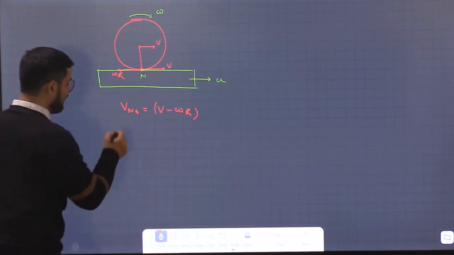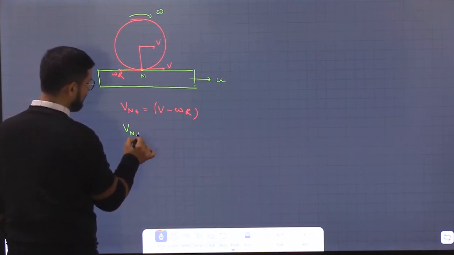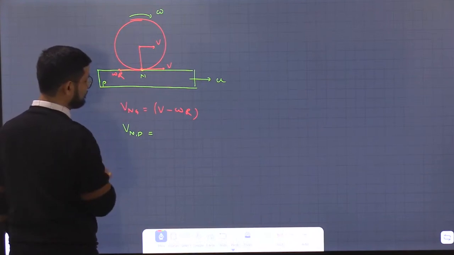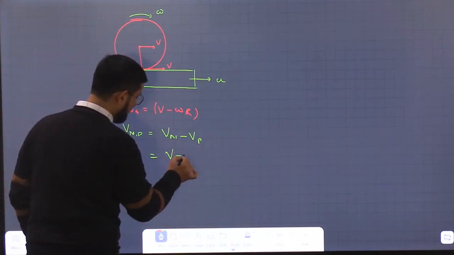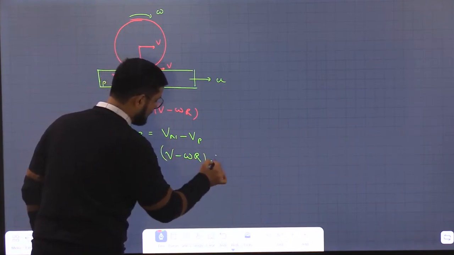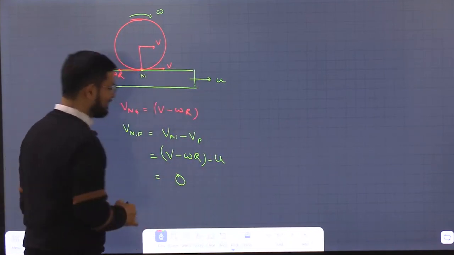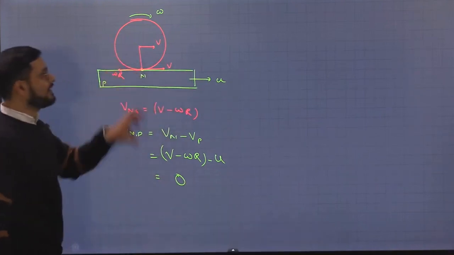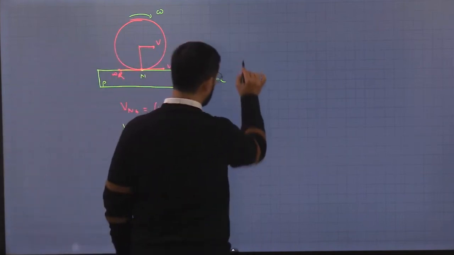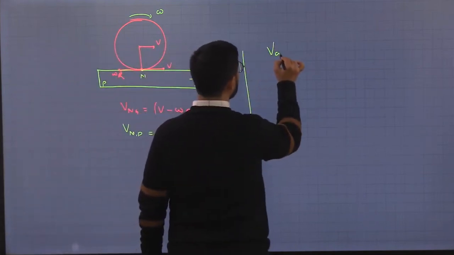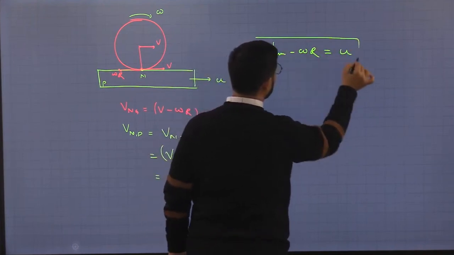Now if I ask you what is this velocity with respect to the platform on which it is moving, it is velocity of N minus velocity of platform. So it is V minus omega r minus u, where u is the velocity of the platform. If this velocity comes out as 0, then we can say that this body is under pure rolling on this moving platform. So the condition would be VCM minus omega r equals u on this moving platform.